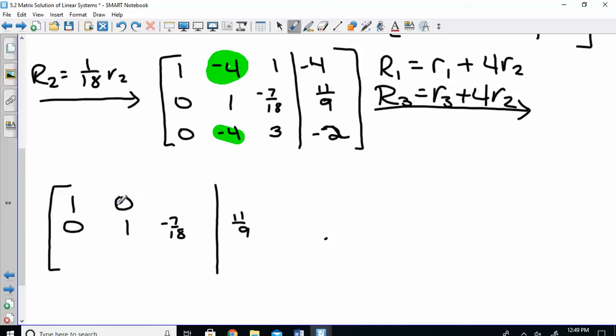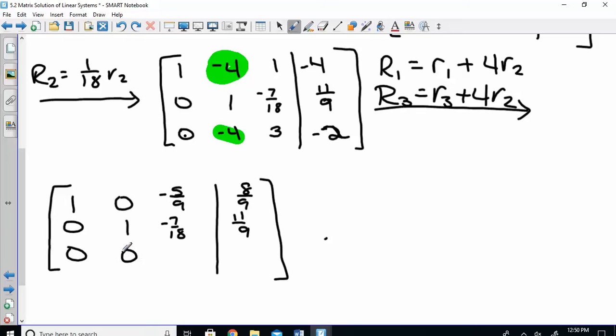Negative 4 plus 4 times 1, which is 0. 1 plus 4 times negative 7 over 18. Keep it in a fraction, it should be negative 5 over 9. Negative 4 plus 4 times 11 over 9, and that gives me 8 over 9.